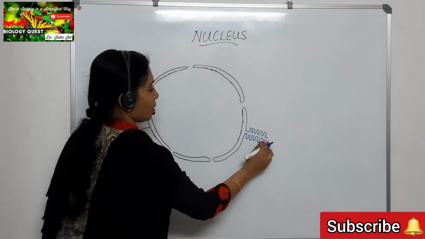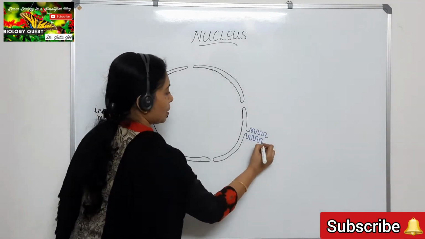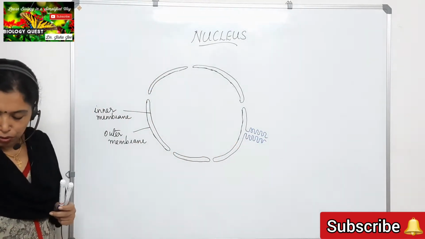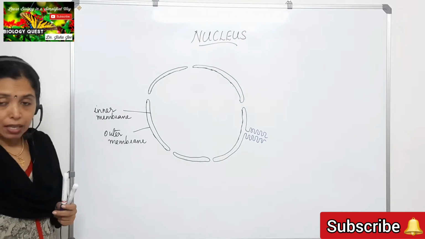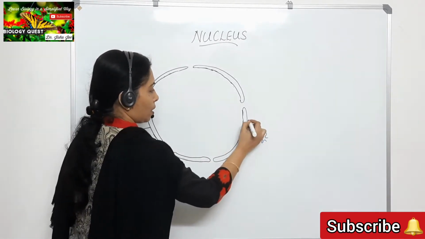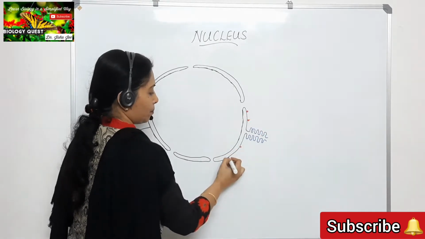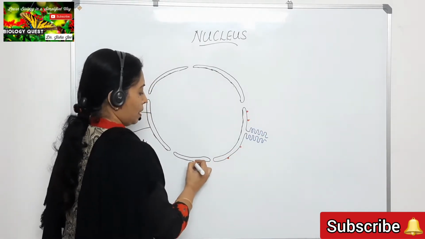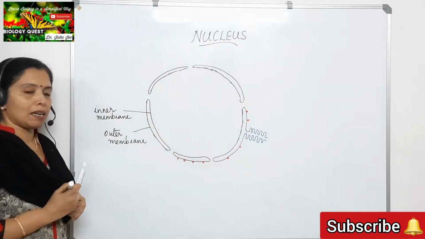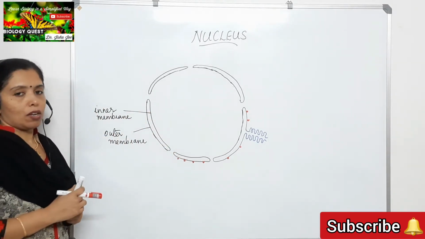Ribosomes will be present attached to the outer membrane, as you see here. Whereas the inner membrane is smooth.